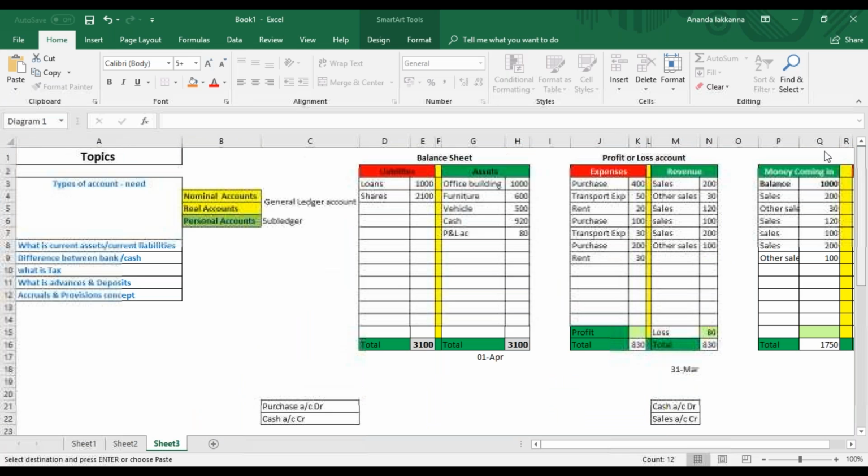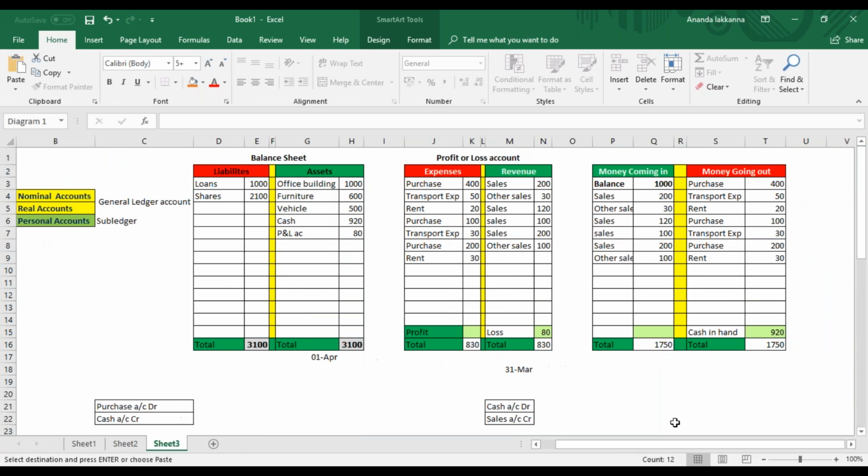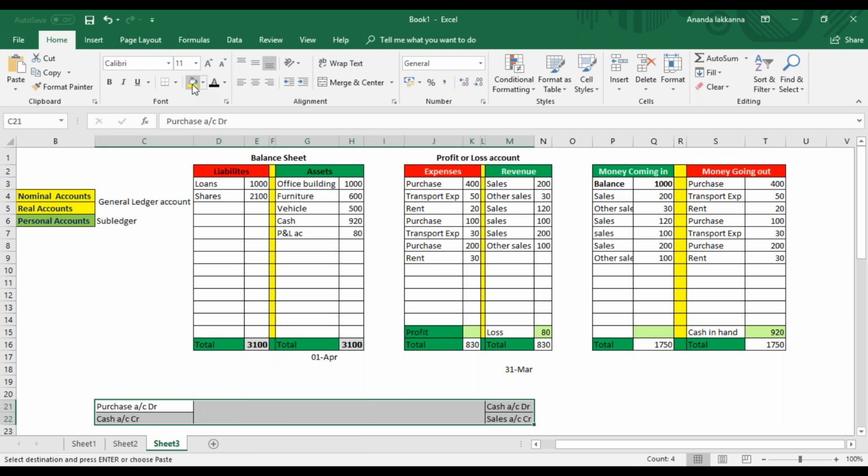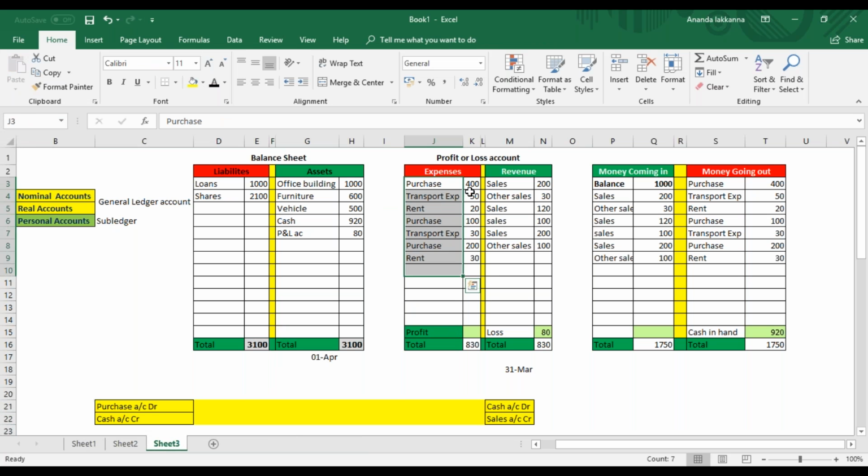See, if this is the scenario where I go and bring the materials with cash, and whatever happens is cash, then whenever I do any purchases, I pay the cash then and there. Whenever I do cash sales, I take the money then and there itself.